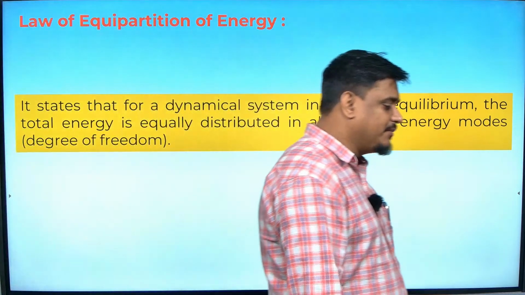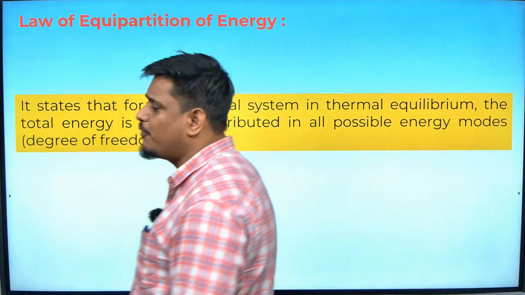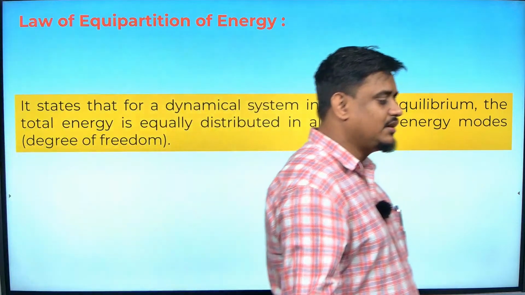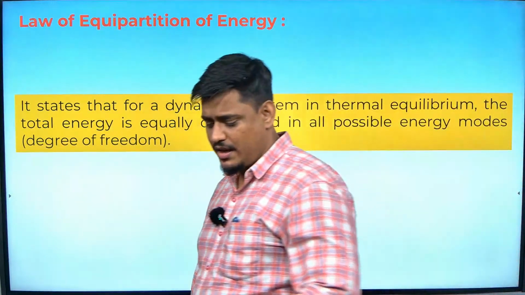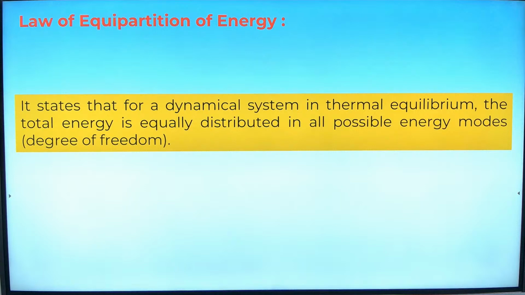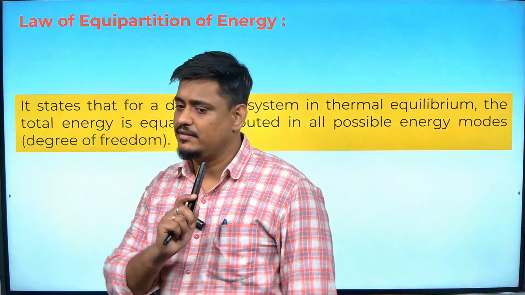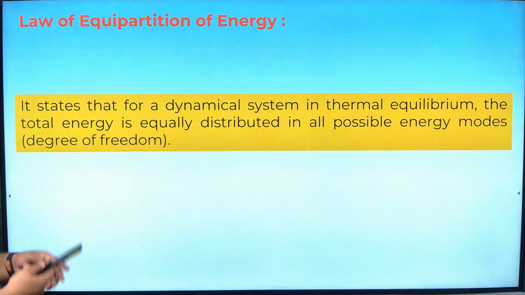For each degree of freedom, the energy allocated as per the law of equipartition of energy is 1 by 2 kT. Here kT means k_B into T, Boltzmann constant into temperature. Yes, 1 by 2 kT.